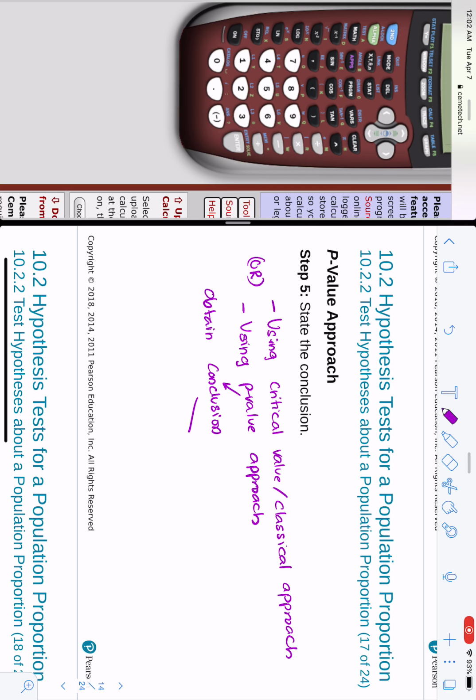What is that conclusion? Keep in mind, it is going to be only one of two things. Either we do not reject null, or we reject null. It's always one of the two. So we never say we accept the null. We either reject the null or we do not reject the null.